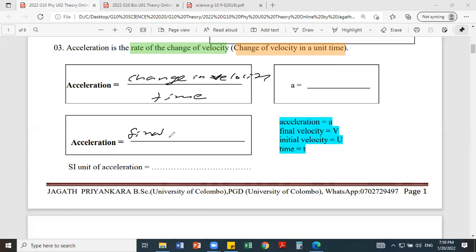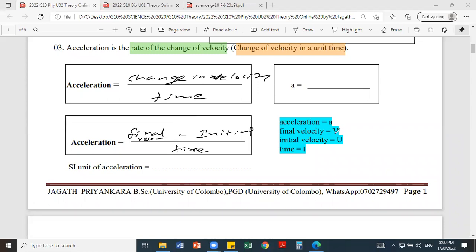Final velocity minus initial velocity, divided by time taken. How to find the change? Final velocity minus initial velocity. That is called the change in velocity. Change means final minus initial.